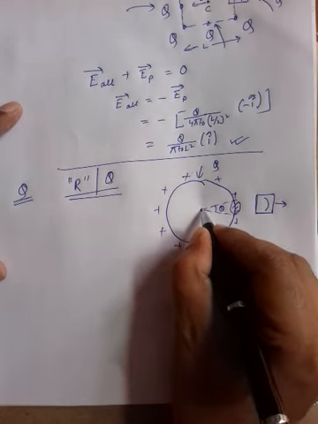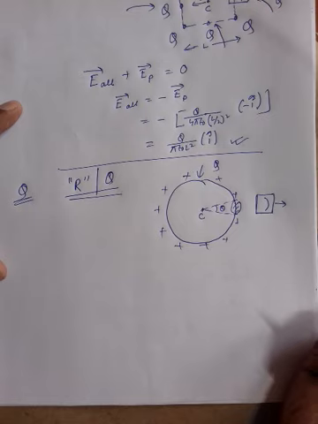Find the electric field at the center due to the remaining.